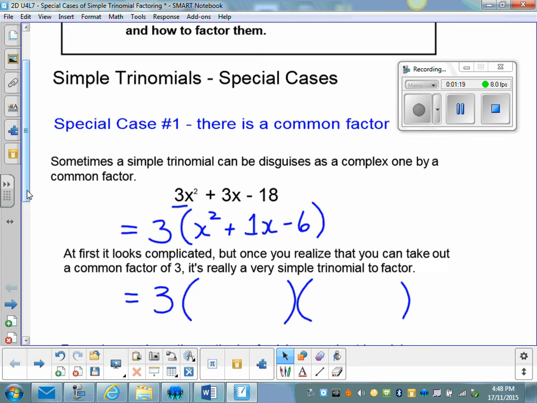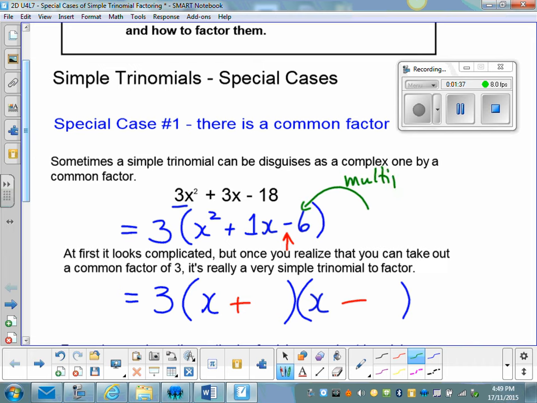Remember that when this sign is negative here, I know that I'm going to get 1 plus and 1 minus down here. I know I'm going to have an x at the start of each bracket. And now I'm trying to find 2 numbers that multiply to give 6 and subtract to give 1.